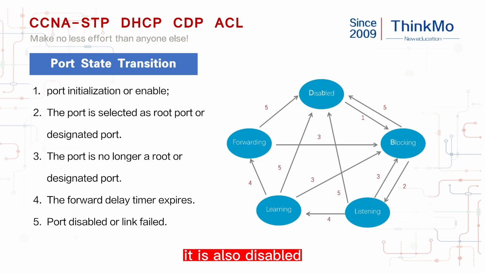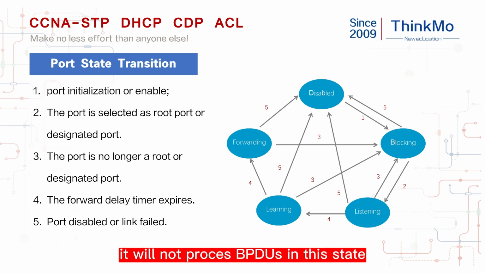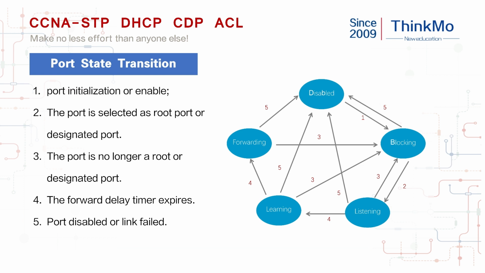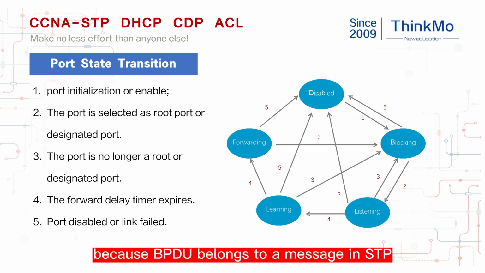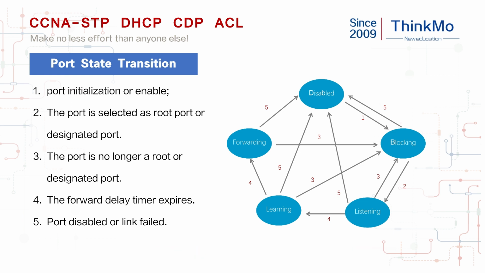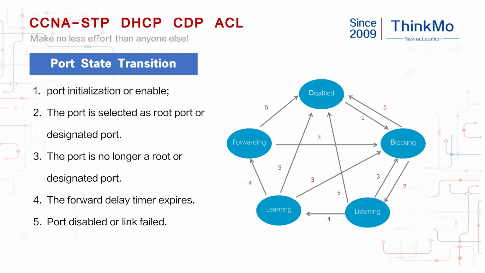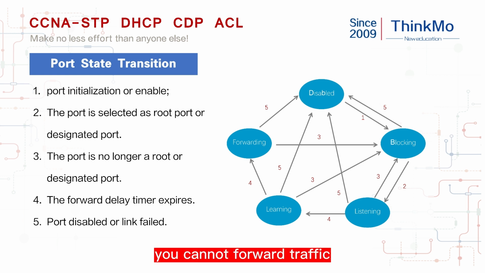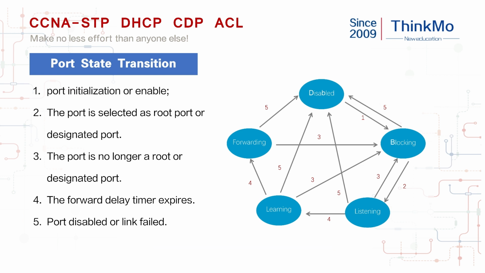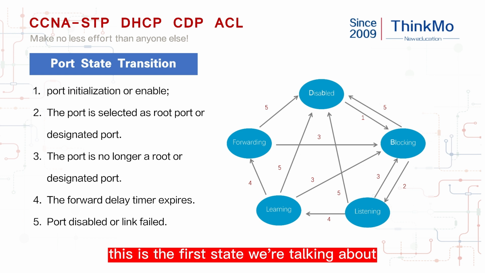It is also disabled. It will not process BPDUs in this state, because BPDU is a message in STP. This protocol is not currently running, so this message cannot be received. In this state, you cannot forward traffic. This is the first state.